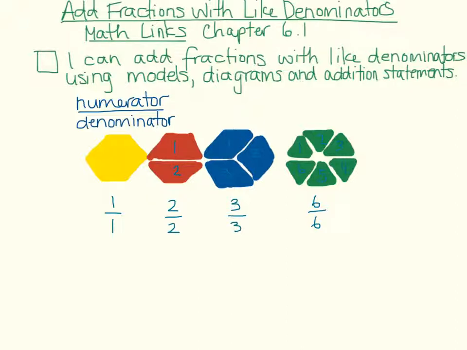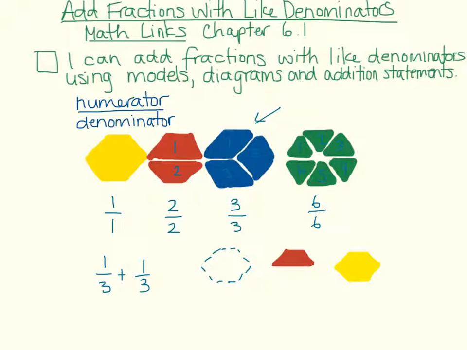So what does this have to do with adding fractions? Well, if we take something like 1/3 plus 1/3, and we want to know what that equals, one thing that we can do to estimate is to look at the third blocks, these ones here, and decide whether it is closer to nothing, to 1/2, or to a whole.